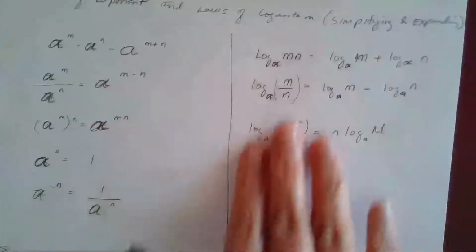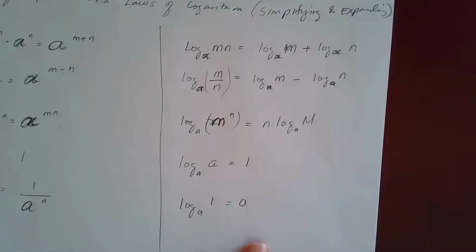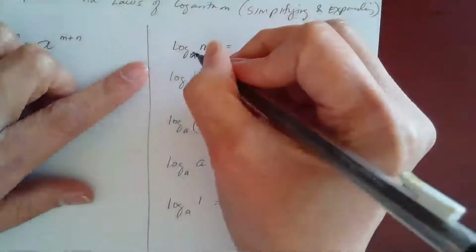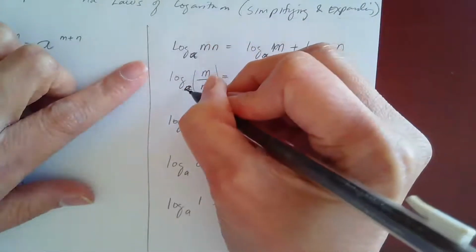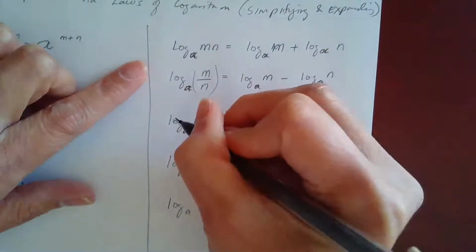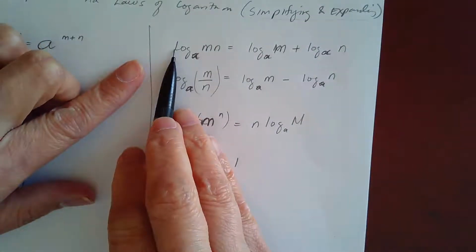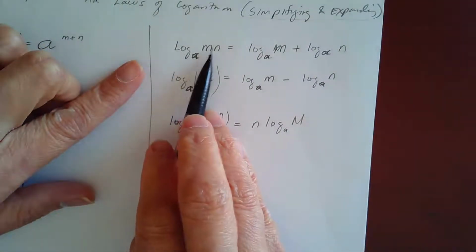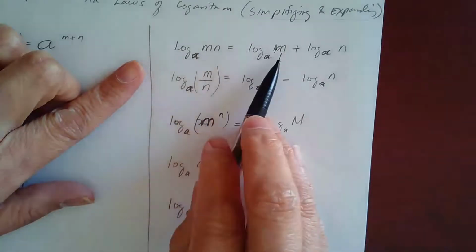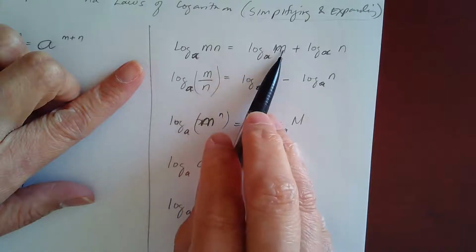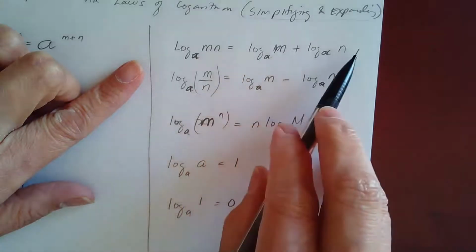So this is a summary of the laws of exponents, this part here. And then over here, this is a summary of the logarithm laws. When I was writing this, I changed it to base A. That's why it looks like that. So logarithm of m times n base A, we can expand it, which is equal to logarithm of m plus logarithm of n.